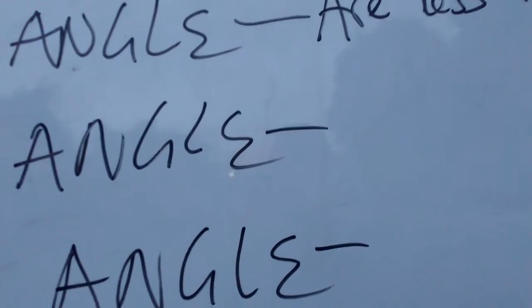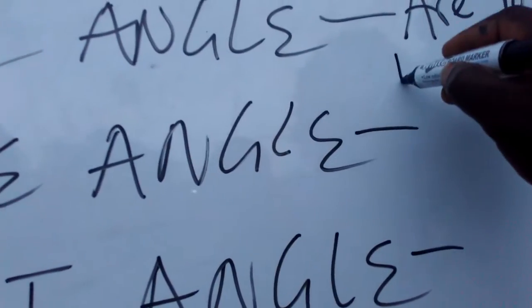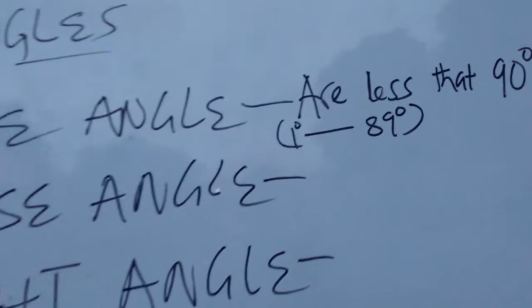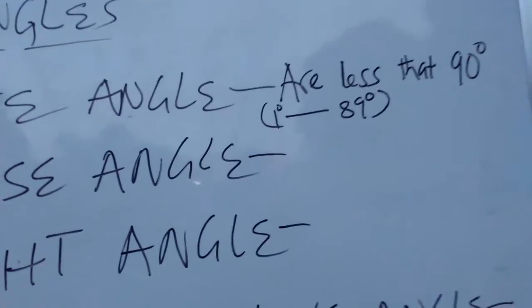So if you list angles from 1 to 89, they are examples of an acute angle.